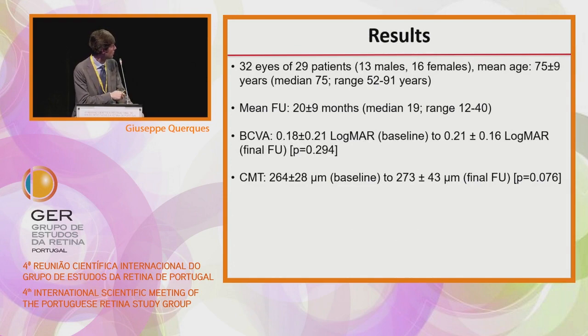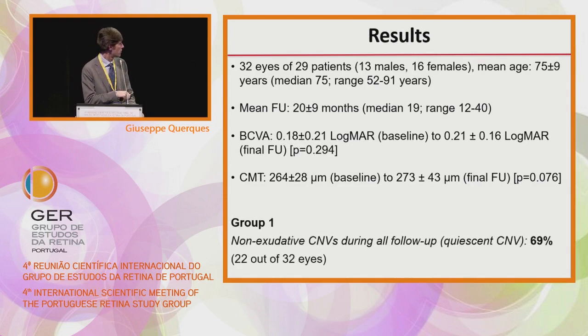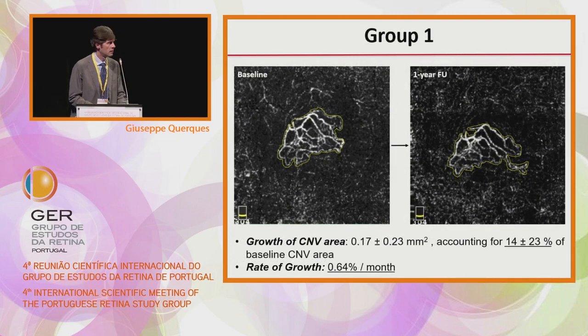So these are the overall results. In group 1, we had the largest number of eyes included, and these are the real quiescent CNV, the real type 1 treatment-naive neovascularization that could be detected but never developed exudation. Let's have a look at the clinical picture.